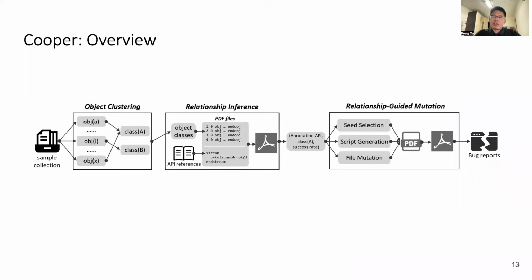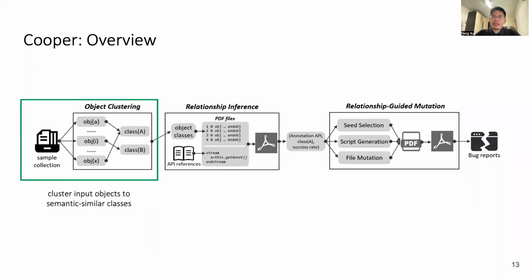Then let me present an overview of our solution. It has three components. The first component is object clustering. It clusters a large number of native objects into a small number of object classes according to their semantic features. Once we have the object classes, we need to infer the relationship between object classes and scripting APIs.